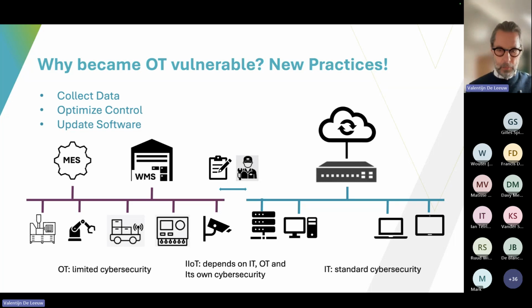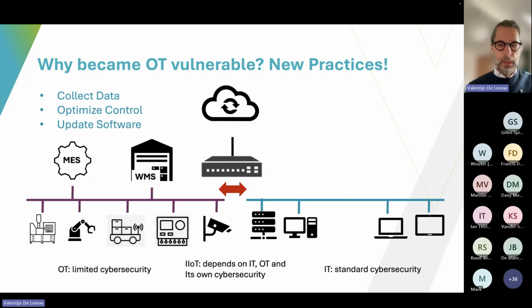But at the same time, we introduce the risk that people from the outside come in through our networks and make changes on the equipment on the production floor, and that can be very dangerous. It can be annoying. It can stop the production, but it can also be physically dangerous.